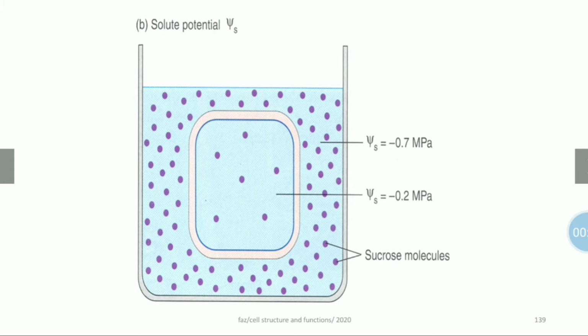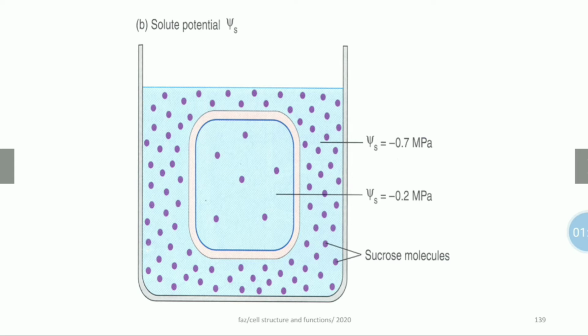Let's have a look at this diagram. So the solute potential in the cell is lower than the solute potential outside of the cell, because in the cell there are only about 6 sucrose molecules.